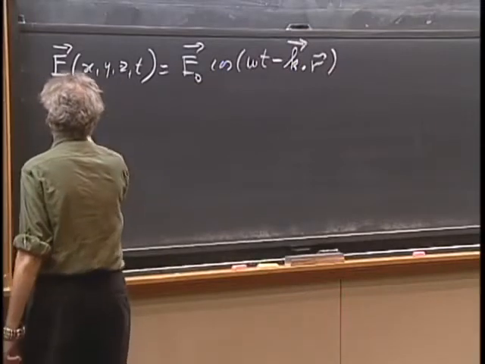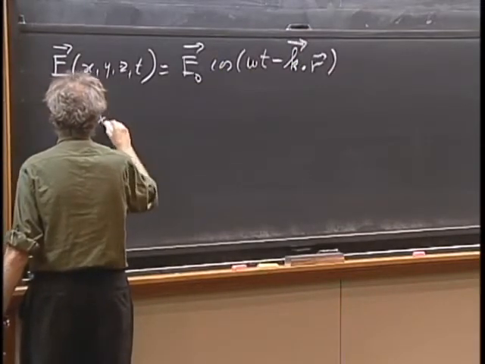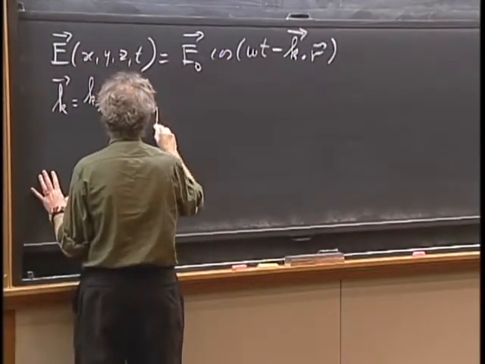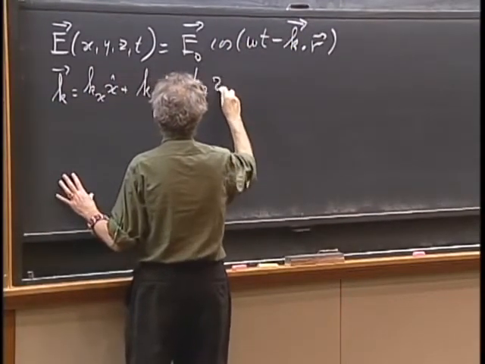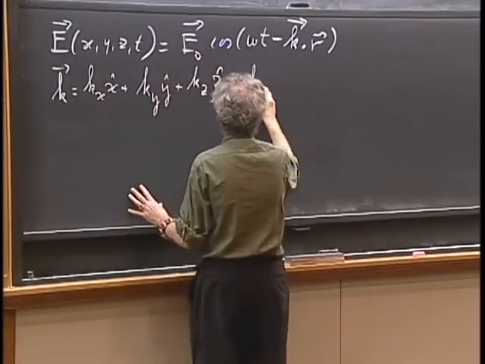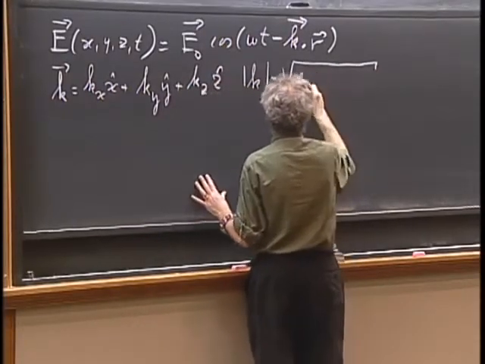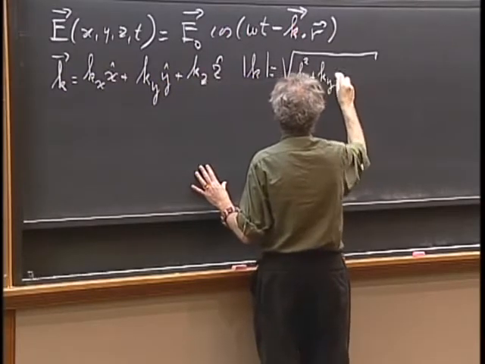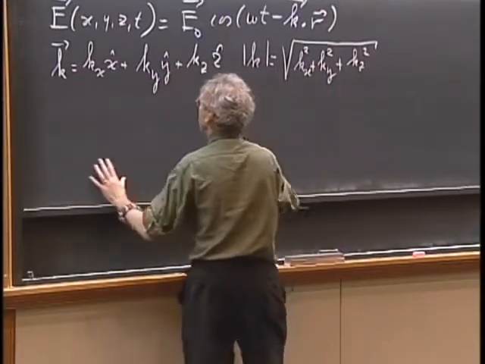And the meaning of k is called propagation vector, is kx x roof, plus ky y roof, plus kz z roof. The magnitude of k is the square root of kx squared plus ky squared plus kz squared.